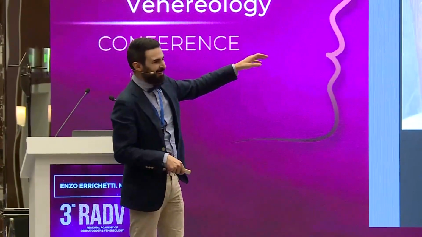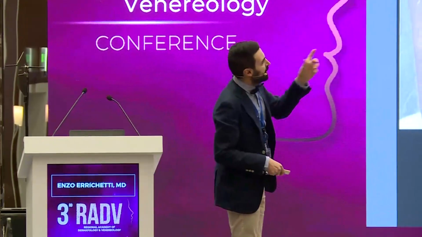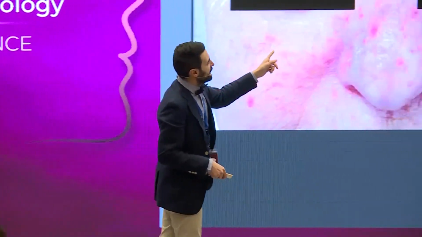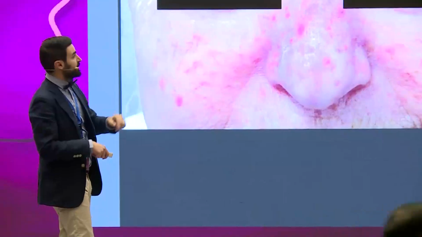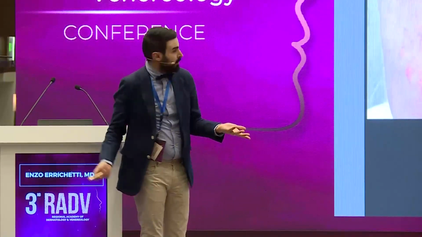Now, granulomatous or not? Are you ready? So we have this 67-year-old female, 2 months, asymptomatic, treated with metronidazole gel with no improvement. From a clinical point of view, I would think about rosacea. Lupus.